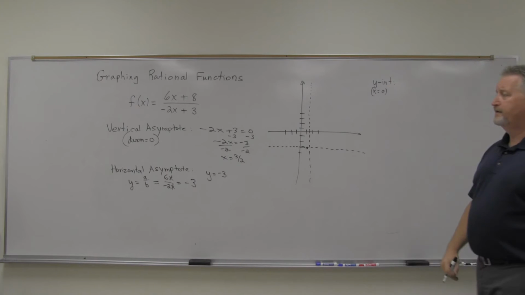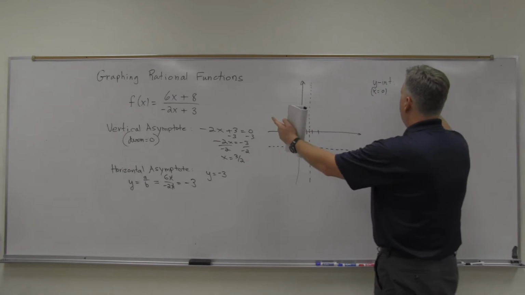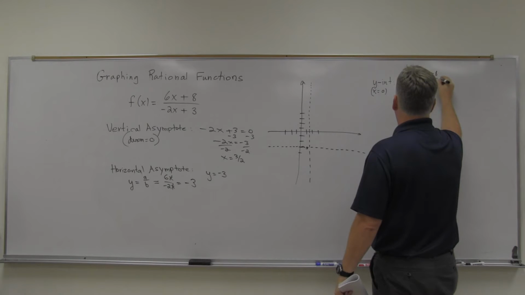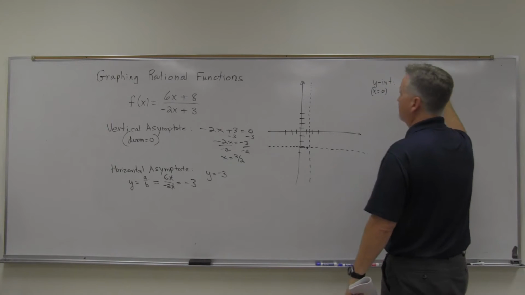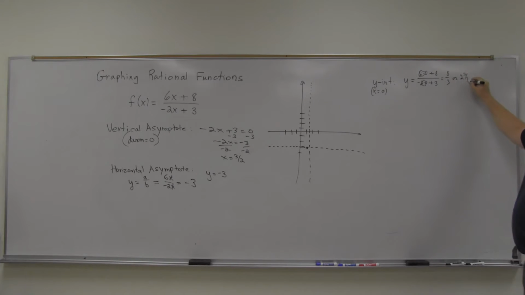So it'd be y equals 6 times 0 plus 8 over negative 2 times 0 plus 3. So that's 0 and that's 0, so it'd be 8/3, or 2 2/3, they're equivalent.